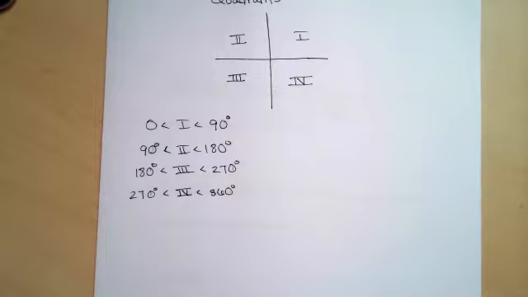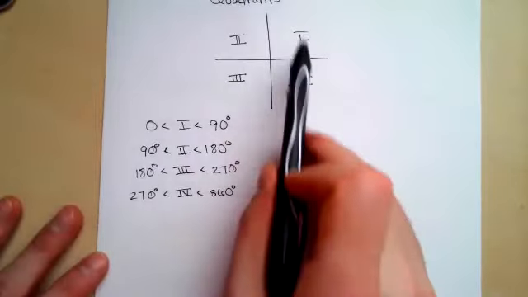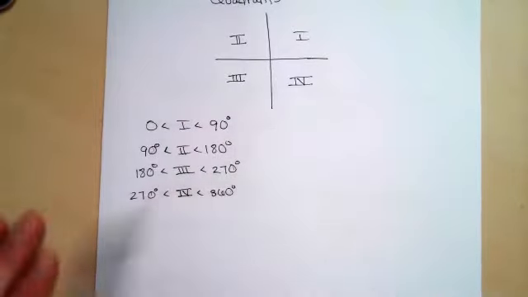So if it lands on an axis, it doesn't land in one of the quadrants, so we'll just call it quadrantal angles. And you can specify if you want to be specific on any of your problems. You could say it's a quadrantal angle ending on the positive x-axis, or you could say a quadrantal angle with the negative y-axis. So whichever one it lands on.